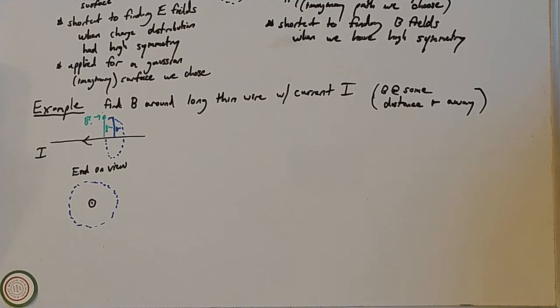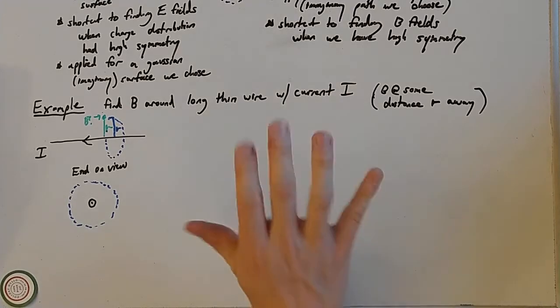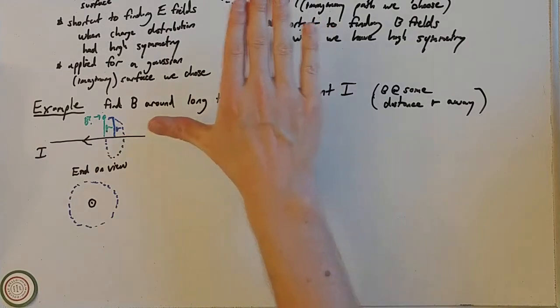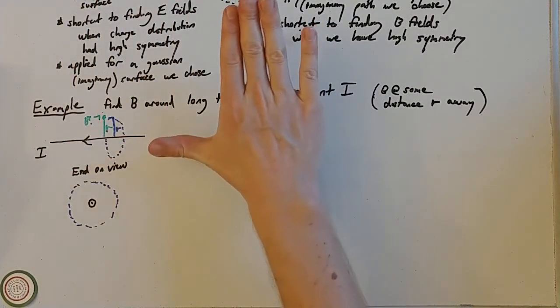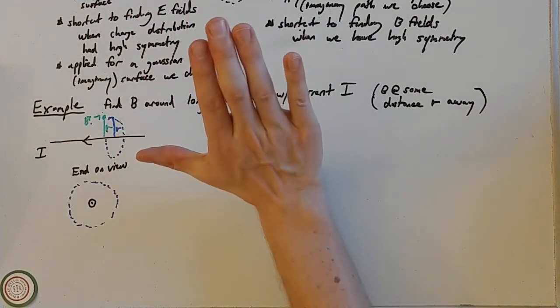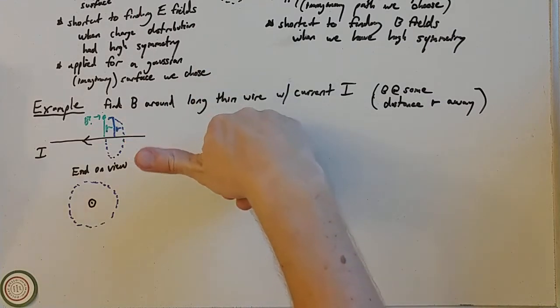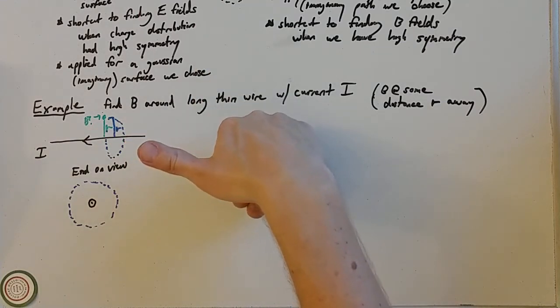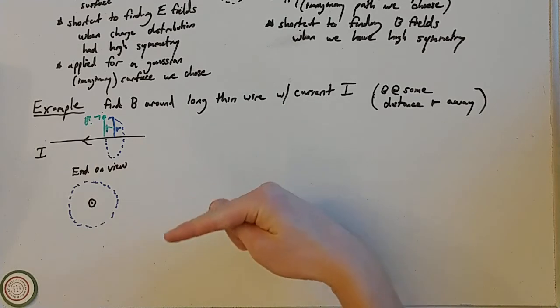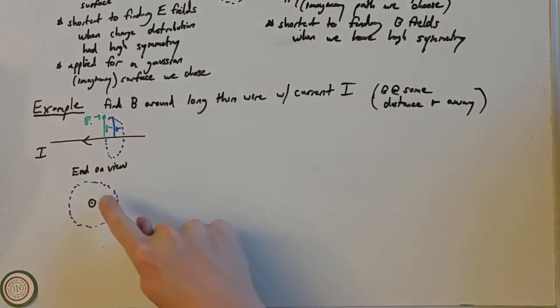We've learned before, what do the magnetic fields around wires look like? What we realized is that if you put your thumb in the direction of current, your fingers will wrap around the wire in the direction of the magnetic field. So magnetic fields wrap in circles around wires.